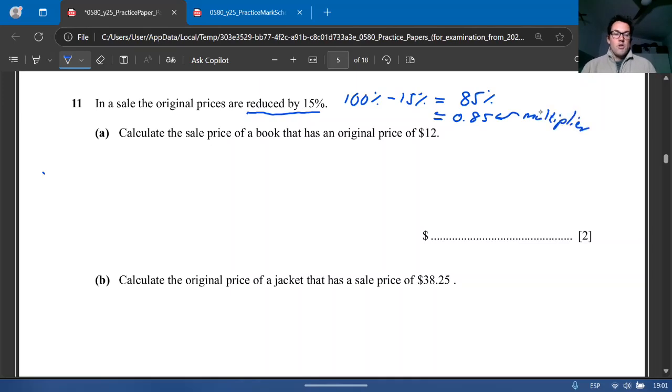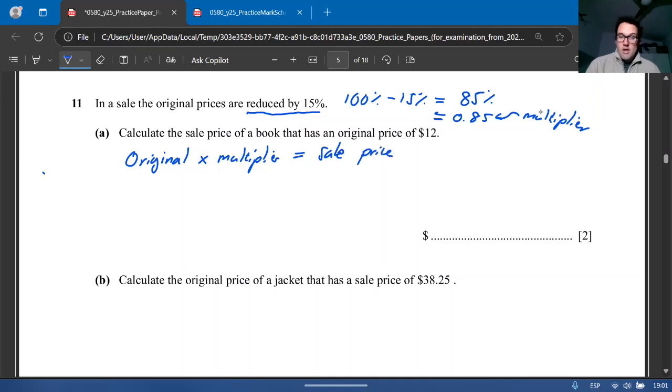So like in A then, if you've got the original price, you need to multiply it by the multiplier and you get the sale price. That's the sale price.